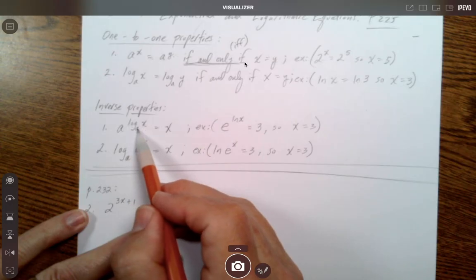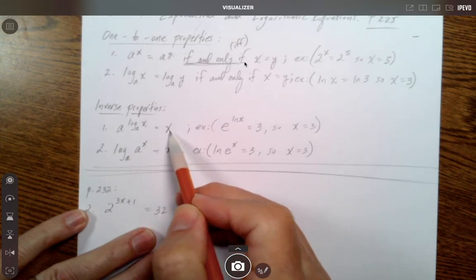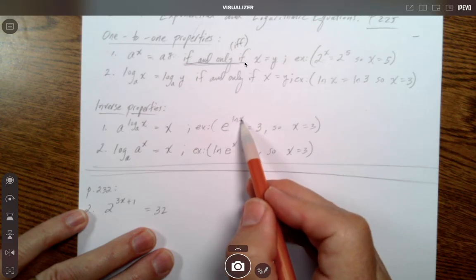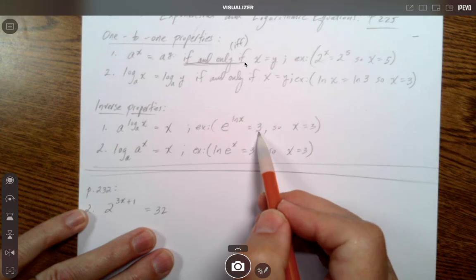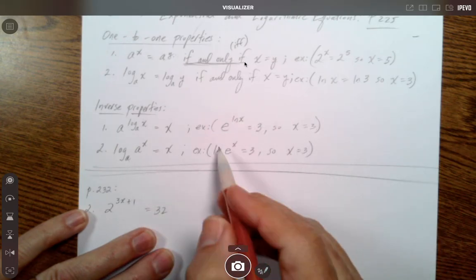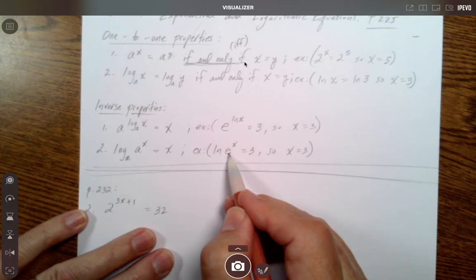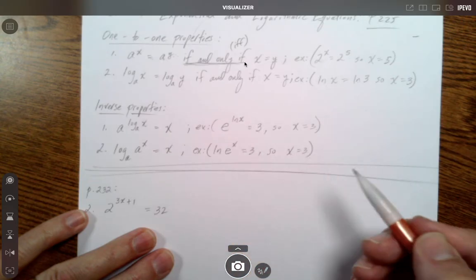A raised to log base a of x is x. An example of that would be e raised to the natural log of x. Remember, natural log is base e, is 3, therefore x must be 3. And for this one, natural log, which is base e, of e to the x equals 3, therefore x must be 3.